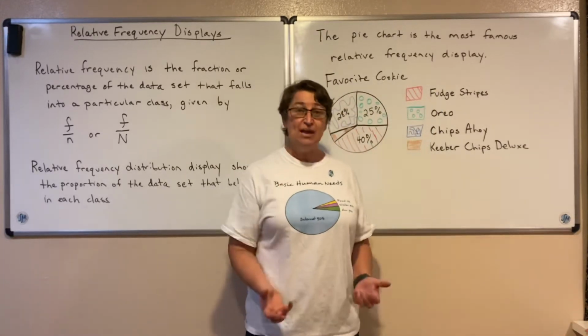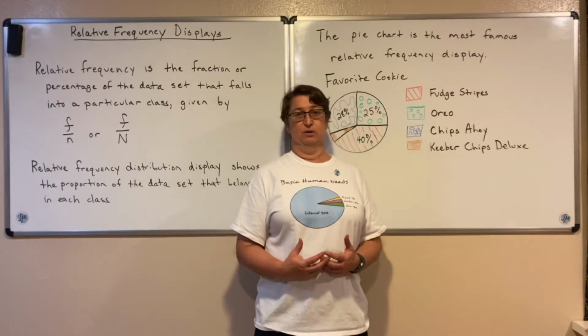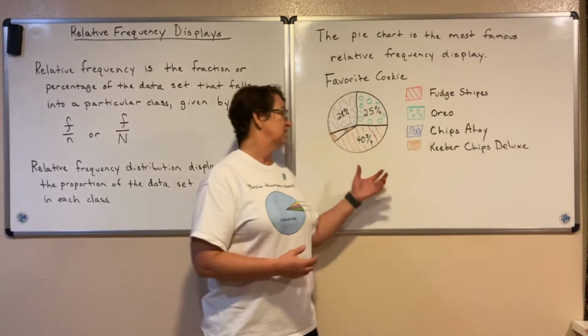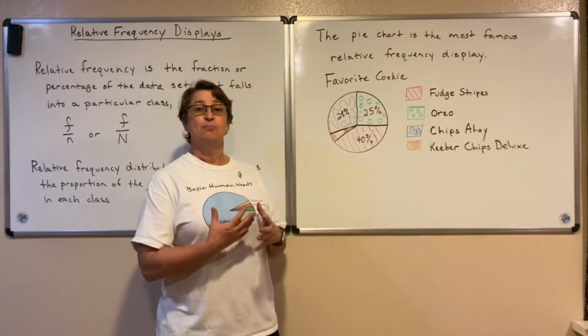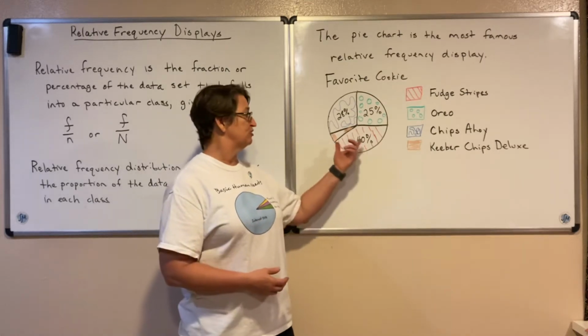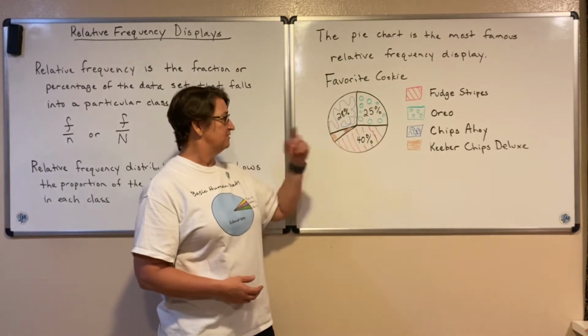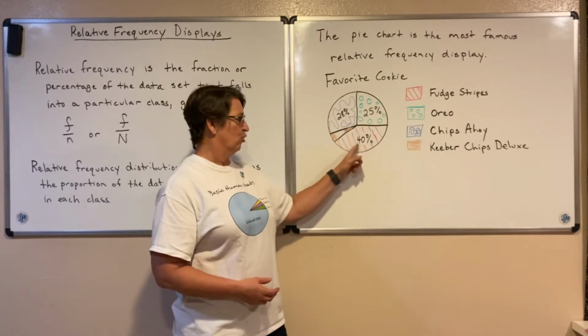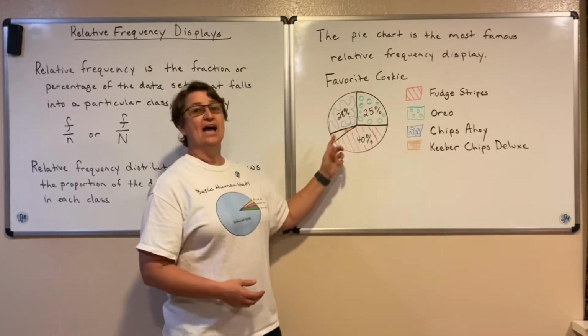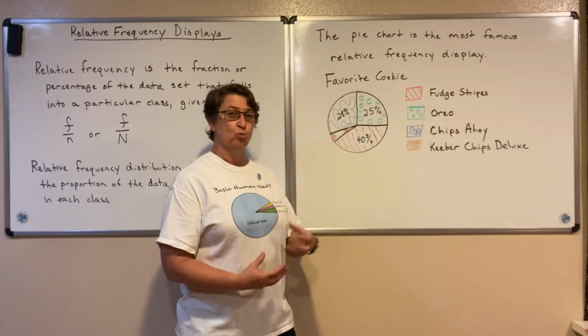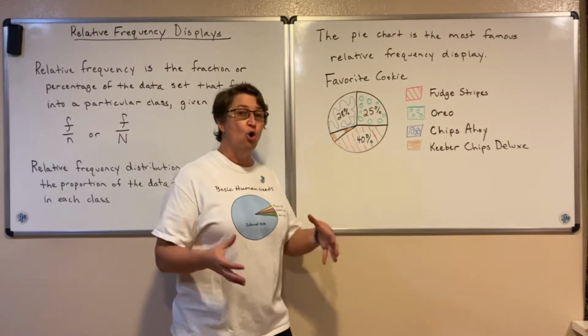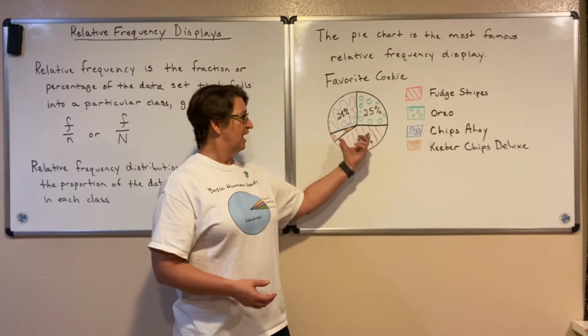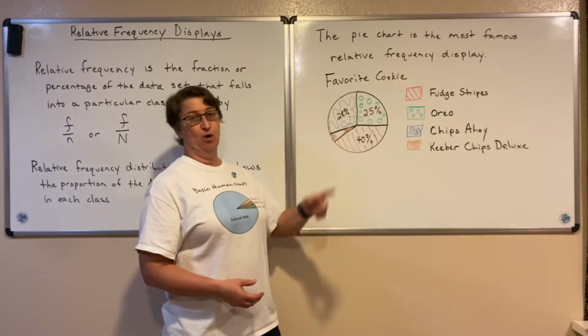The most famous of all of these relative frequency displays is our pie chart. The pie chart shows that percentage. So I can look and see that this category, this class, has more percentage-wise compared to the whole population. This has more than that part.